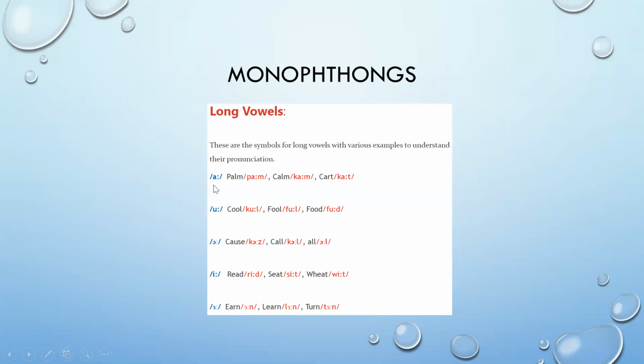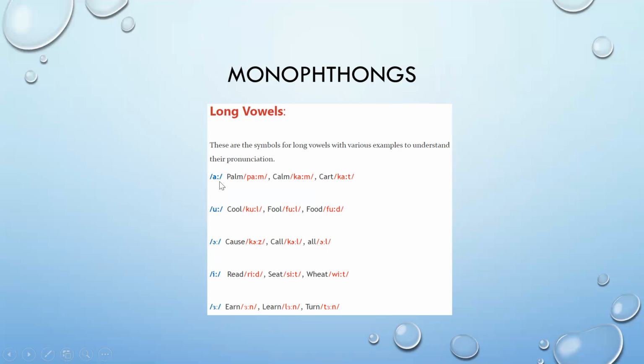The first one looks like a. Let us see the example. Palm, which means the ah sound is here. Ah as in palm, as in calm, as in cart.